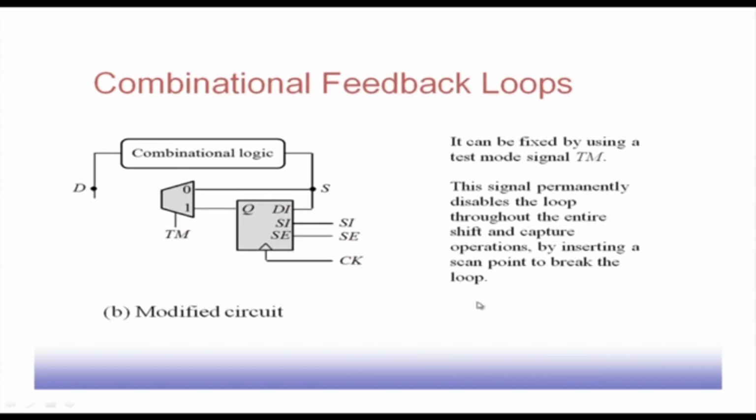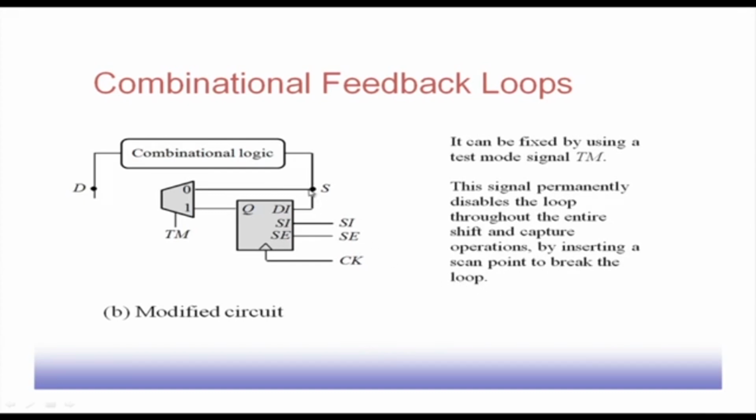So, how to solve this problem? For solving this problem, what we can do is use the test mode TM signal. When TM is equal to 1, it will disable the loop throughout the entire shift and capture operation by inserting a scan point to break the loop.